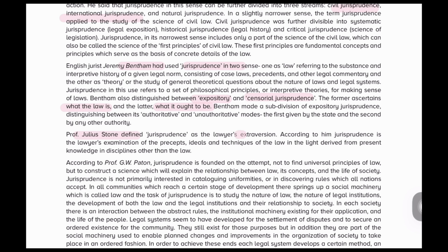And Paton said jurisprudence tries to explain how law relates to society and how both evolve together. Thus, jurisprudence doesn't simply list rules. It studies how law interacts with human life, institutions, and culture. It helps us understand why societies create law and how these laws achieve justice and progress.